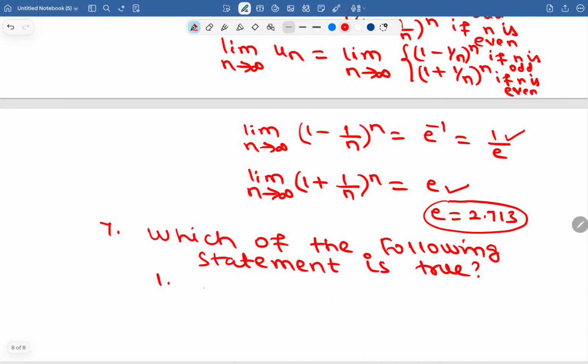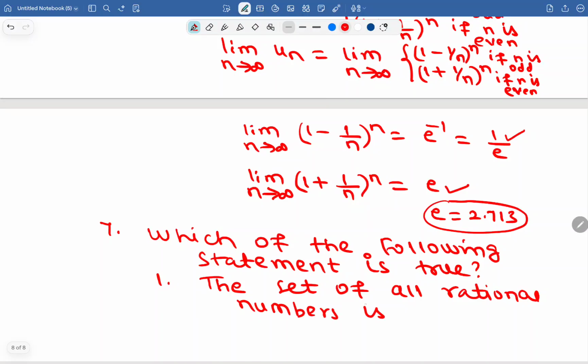First one, the set of all rational number is uncountable.